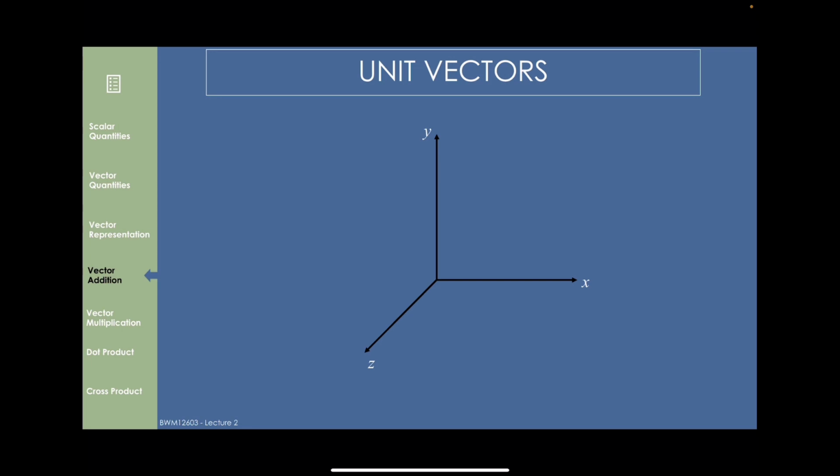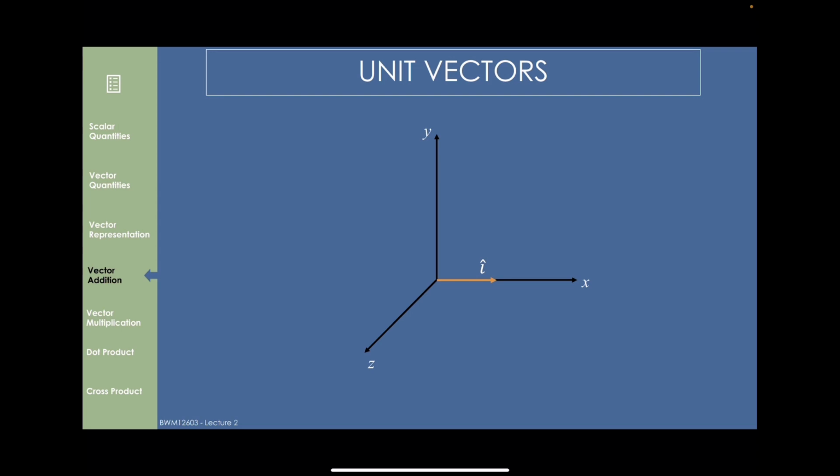For example, in this case we have three dimensions, x, y, and z. The representation of a unit vector is a little bit different. It is represented with a hat on top instead of an arrow. A normal vector is represented with an overhead arrow, while the unit vector is represented with a hat.